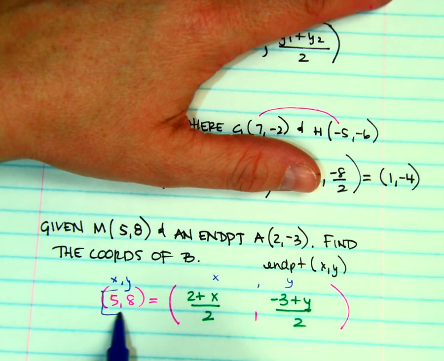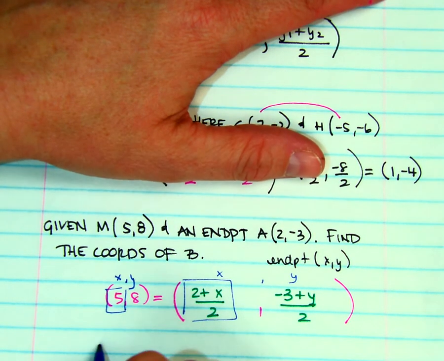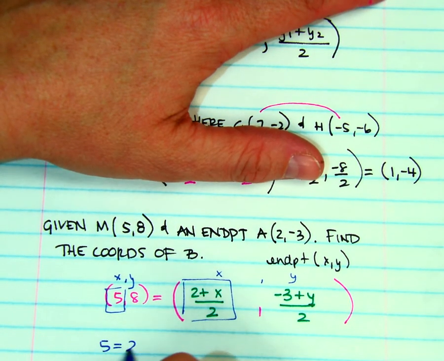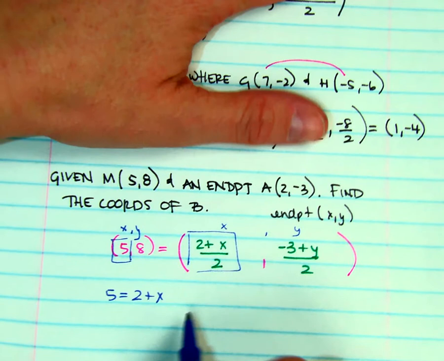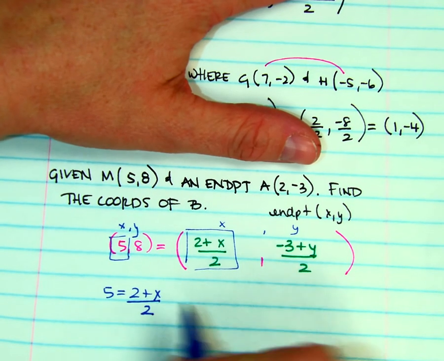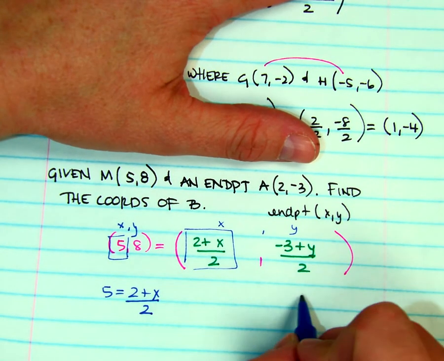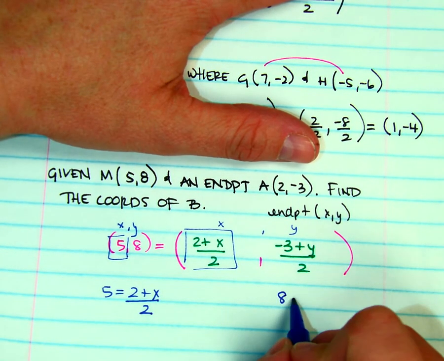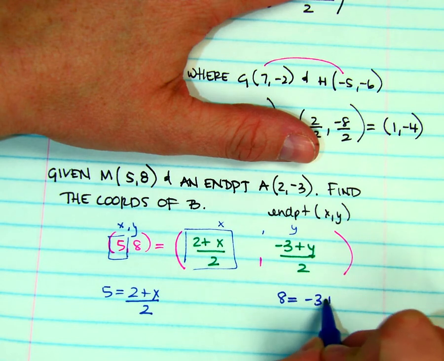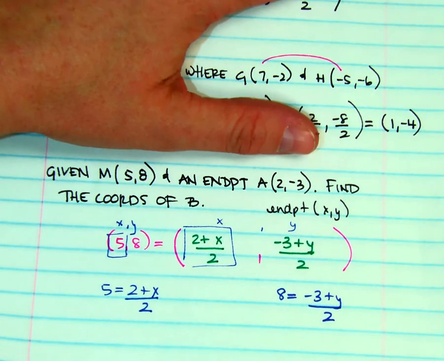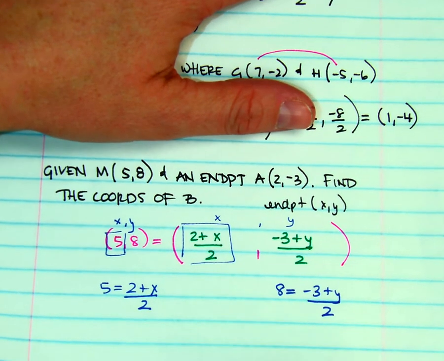So this is an x and that is x, so they should equal each other. So 5 equals 2 plus x divided by 2. And over here, 8 equals the y part divided by 2.